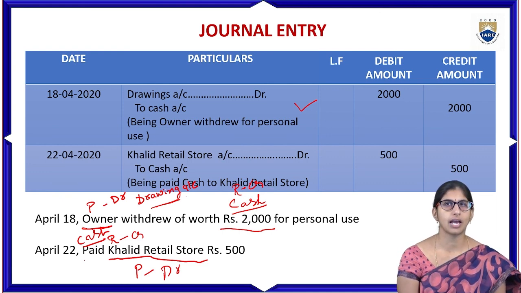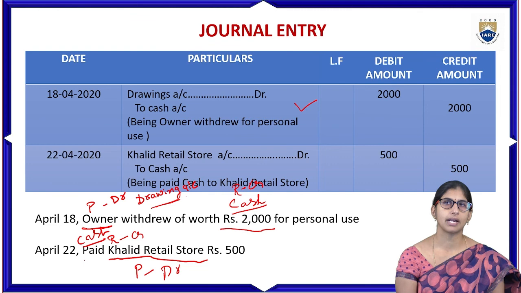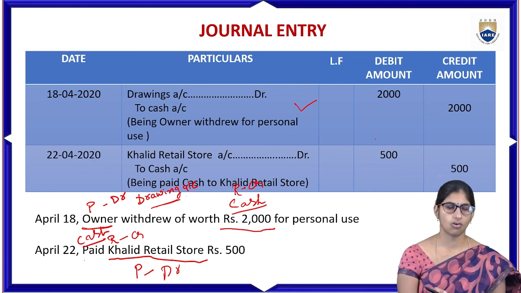Here we have written paid cash. What are we paying? Cash. So here we have written paid cash to Khalid retail store, rupees 500 in debit column and 500 in credit column.